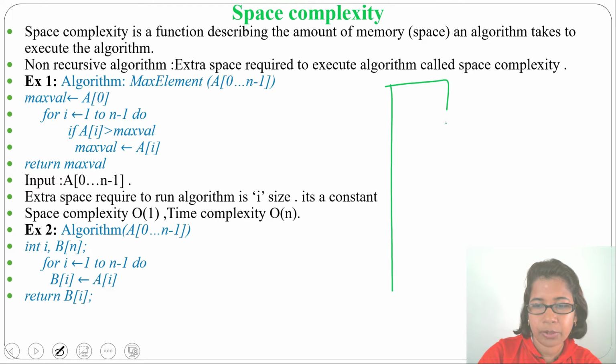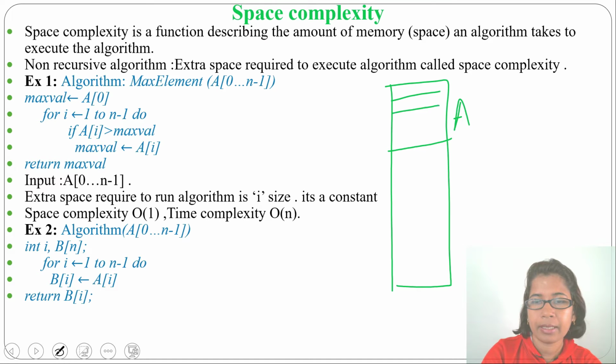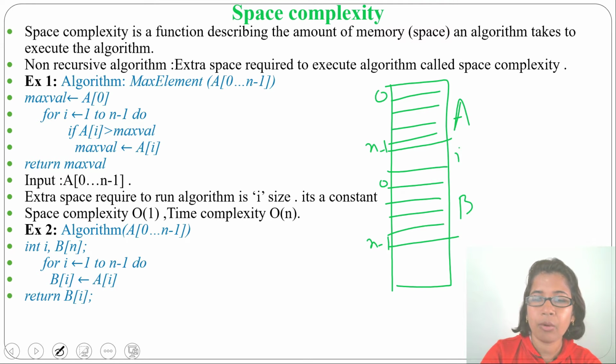Suppose this is the memory space and this is our array A. It contains elements from 0 to n minus 1. Then for executing this algorithm, we take one extra space for I and we'll create another array B. Now what we'll do, we'll transfer A of 0 to B of 0, then we'll transfer A of 1 to B of 1, then we'll transfer A of 3 to B of 3, like this.